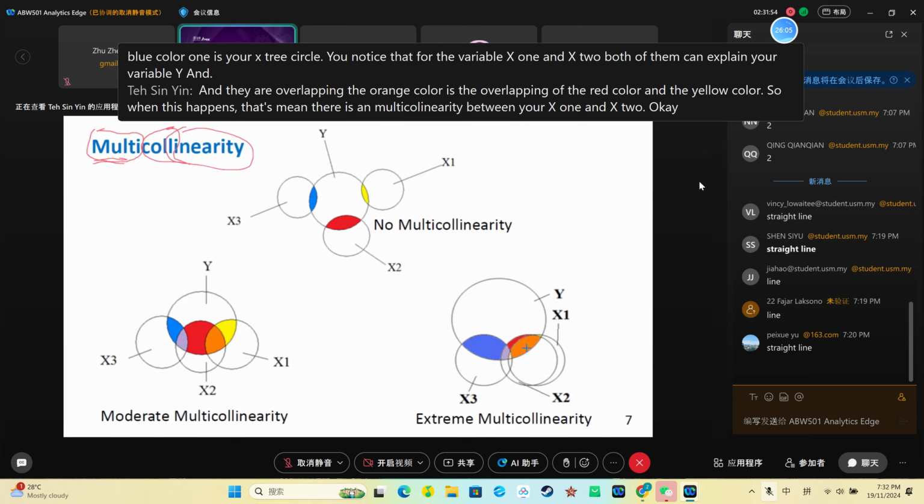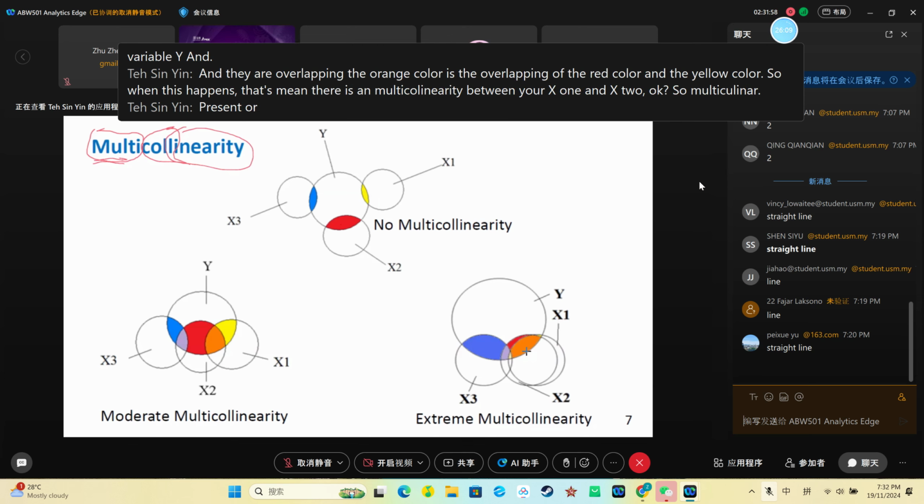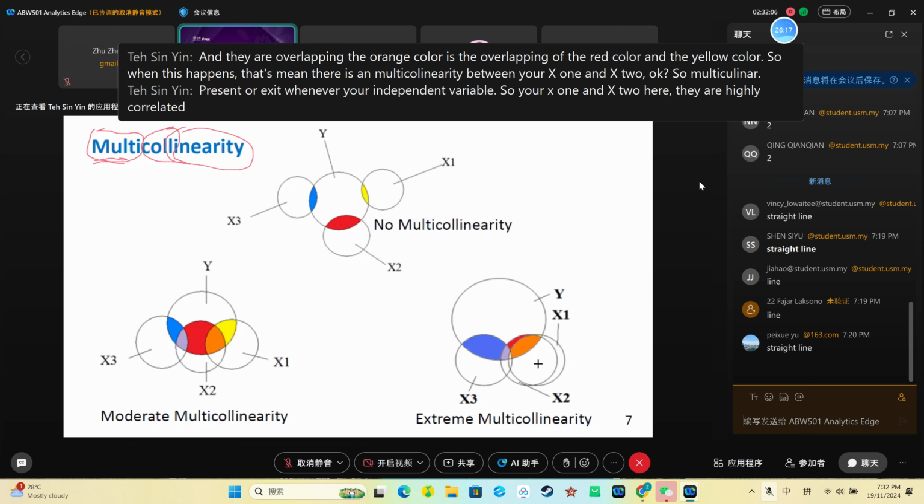Multi-collinearity exists whenever your independent variables, so your x1 and x2 here, are highly correlated with one or more of the other variables in your independent variables.